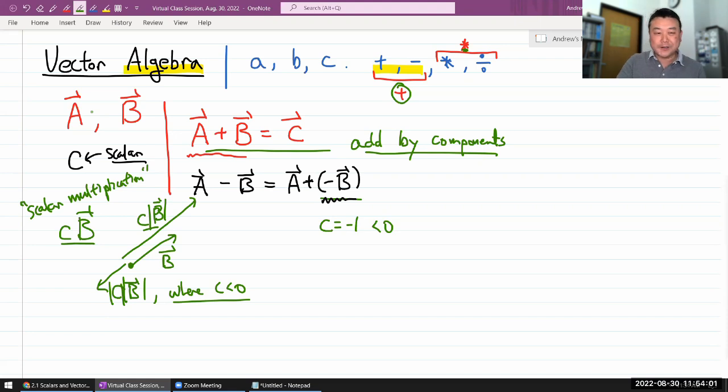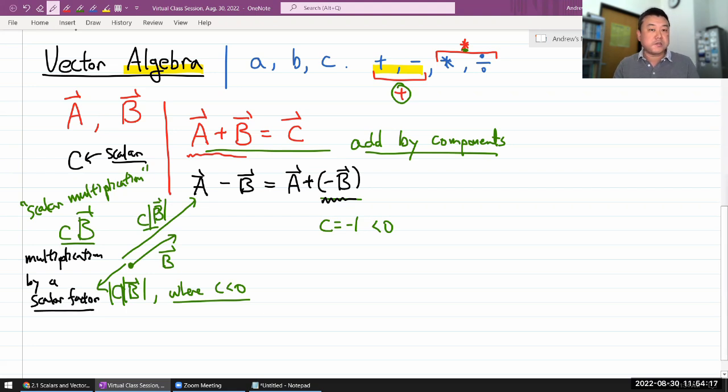To be super clear, I could say multiplication by a scalar factor: the two mathematical objects involved in this multiplication are a vector and a number, not two vectors, which we are skipping this week. With the introduction of scalar multiplication, we can re-express any subtractions we see in this form and treat them like addition.